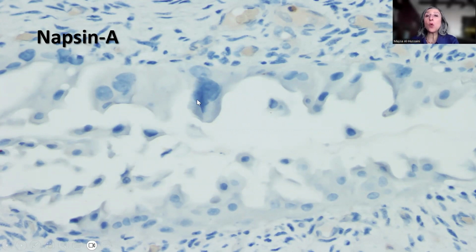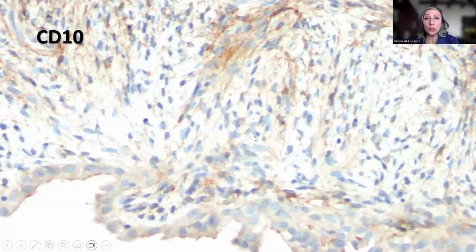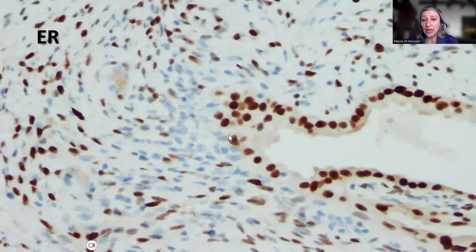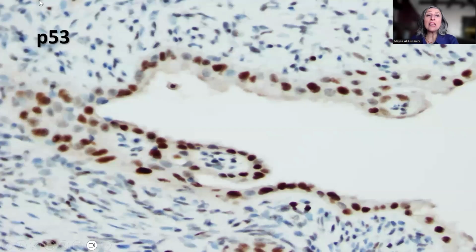So NAPSN-A was completely negative, but even if it was positive, this goes with hobnail metaplasia, and does not mean that we're talking about a clear cell carcinoma. Now, CD10 was positive in the stromal cells, and ER was positive both in the glandular component and with some focal positivity in the stroma, and the P53 showed this mosaic staining pattern in the epithelium, supporting its benign nature.